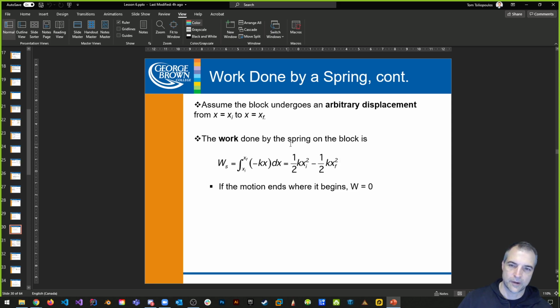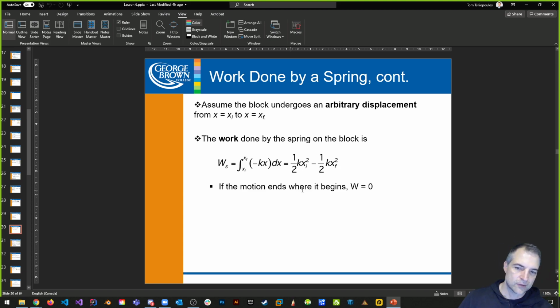Okay, so the work done by a spring on the block, if you simplify, so work from a spring, that's what W_s means, is equal to half k x initial squared minus half k x final squared. So again, it's the integral or the interval.